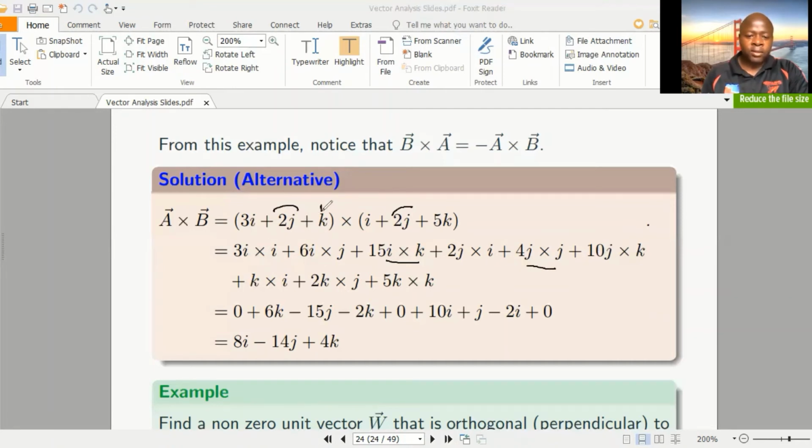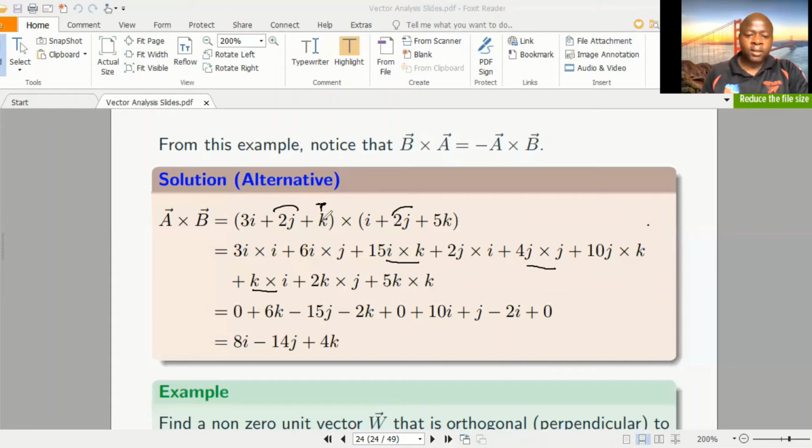So I come to this k and use it to expand this. So k cross i, that's what I see here, then plus k cross 2j. That gives me 2, then k cross j.